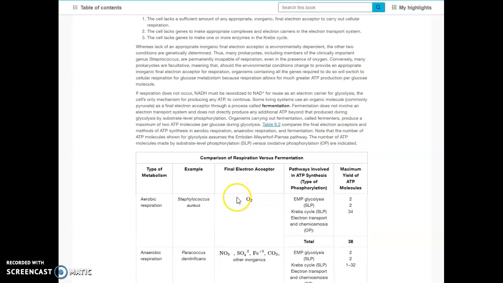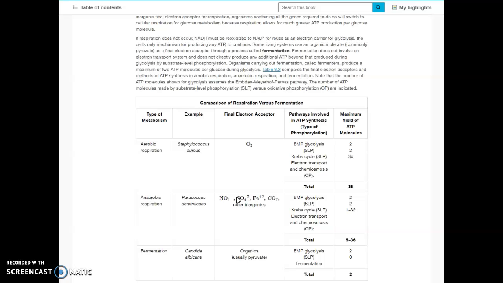So in the fermentation pathway, the NADH molecule, which is one of our carrier molecules, has to be reoxidized back to NAD+. So we're going to have to remove that electron so that it can serve again as an electron carrier for glycolysis in order for it to continue.